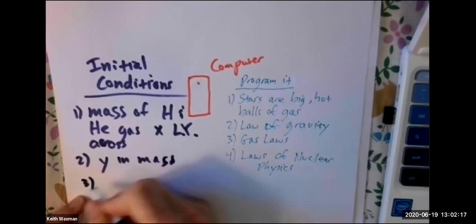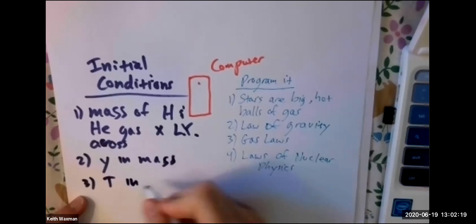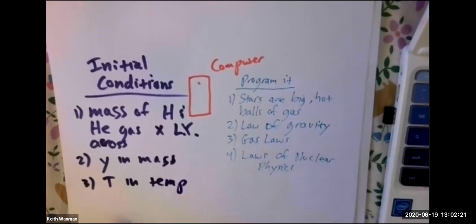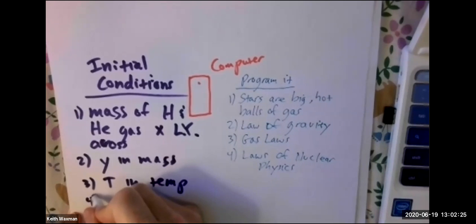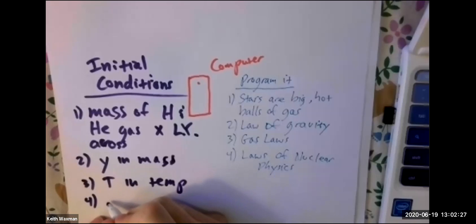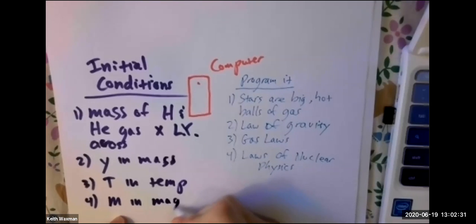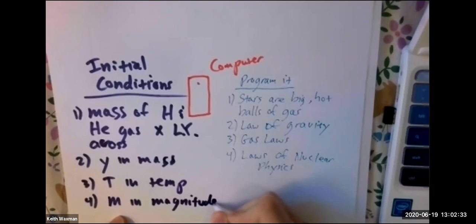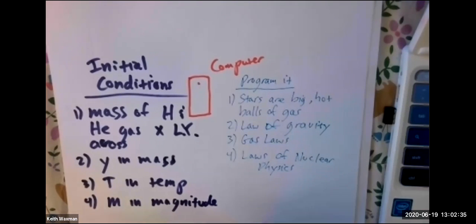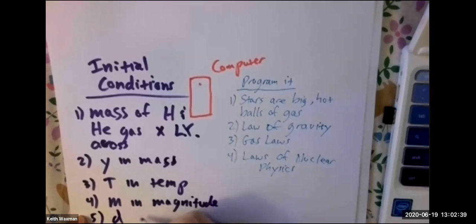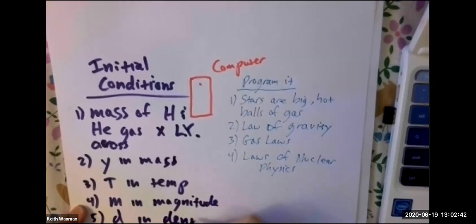Let's say it's T, variable T in temperature. Got to tell the temperature. What about M in magnitude? Like absolute magnitude. And what about D, variable D in density? Density is a matter of compactness. It's how compact something is.